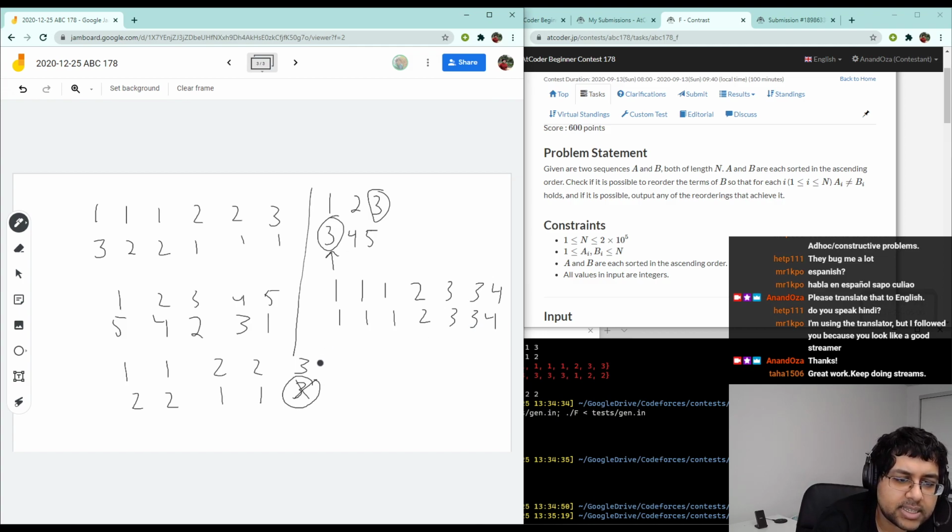So if I'm building this up and I first put in a 2, then now that I've put in this 2, 2 is no longer a common element. Well, it's also not available, so that doesn't even matter.